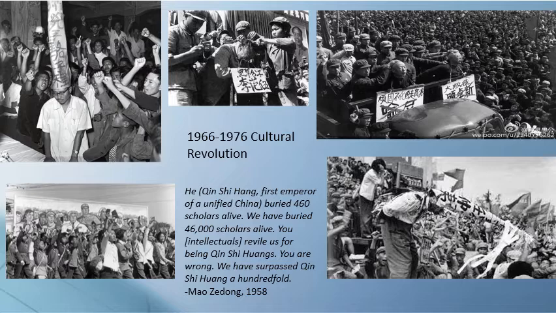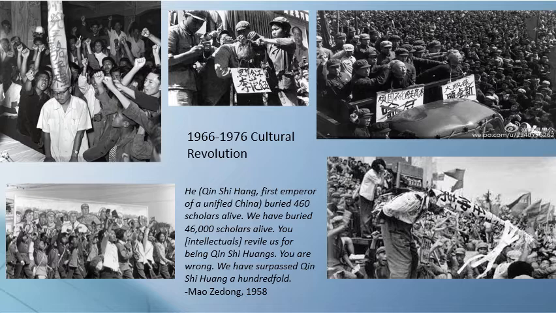So he formed groups of young people that he called Red Guards and sent them out hunting for anyone displaying any of the four olds or capitalist thinking, or really anyone who had criticised Mao or the state that China was in.